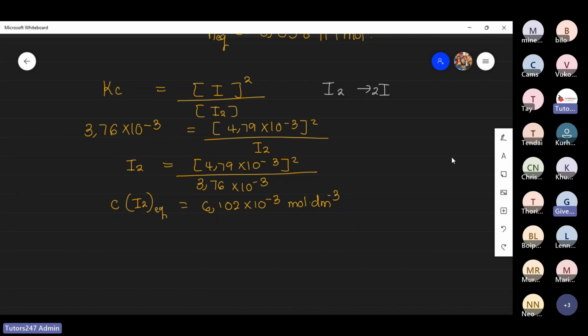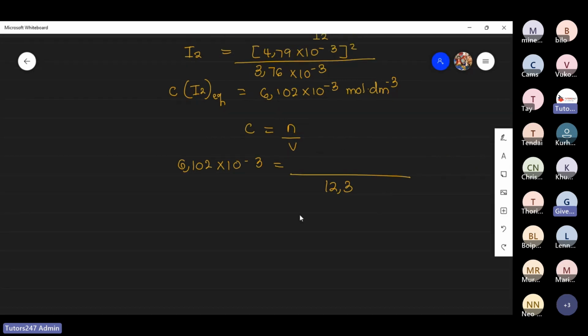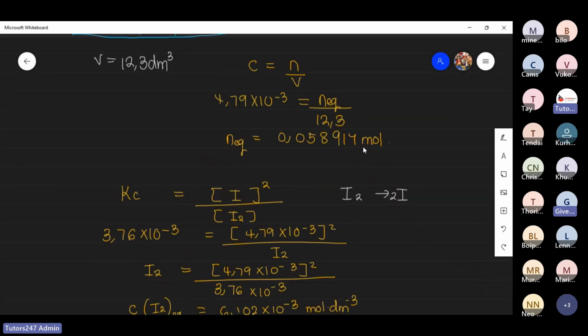We know the volume, so we can now calculate the number of moles. So let's do just that. We're going to use the equation C equals n over V. Our concentration was calculated as 6.102 times 10 to the power negative 3. Our volume was given as 12.3. Let us go and have a look. What is our number of moles at equilibrium?